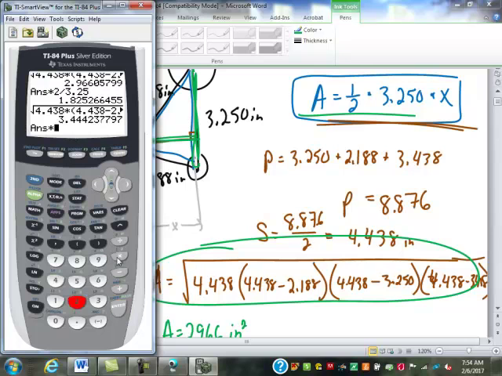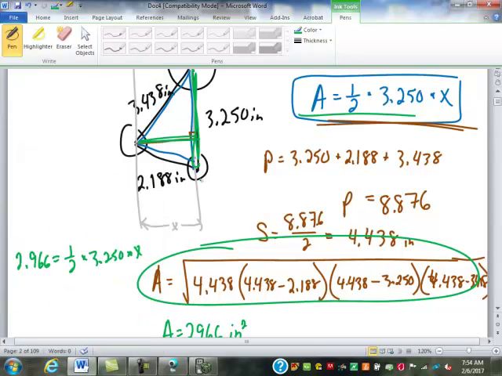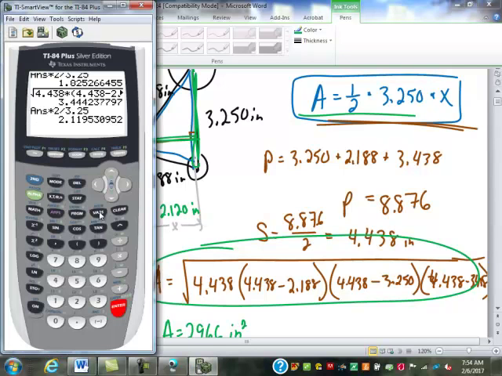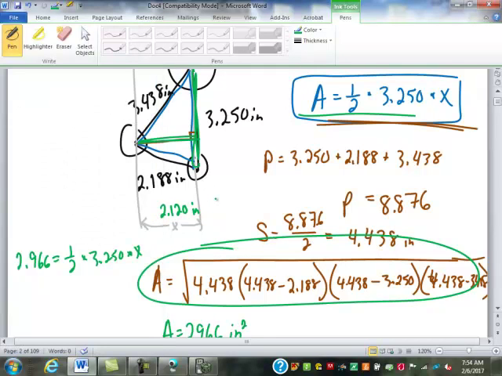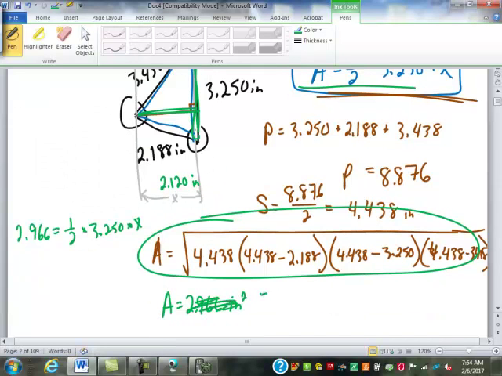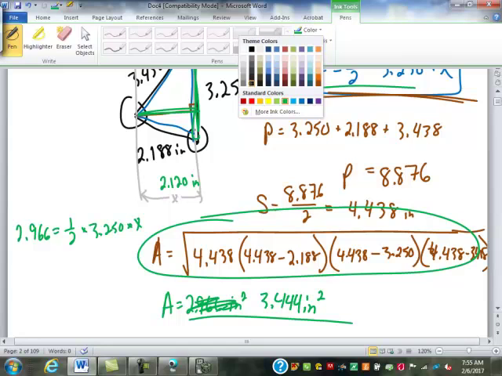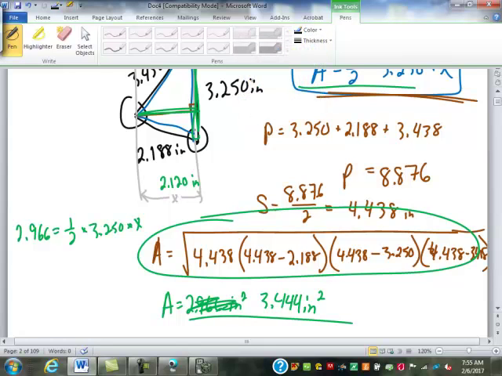So that times 2 divided by 3.25. There it is, 2.120. So x is 2.120. Any questions? What was the result of the area? Oh, yeah, the area. The area was 3.444. So that one's just one you got to think a little bit outside the box.